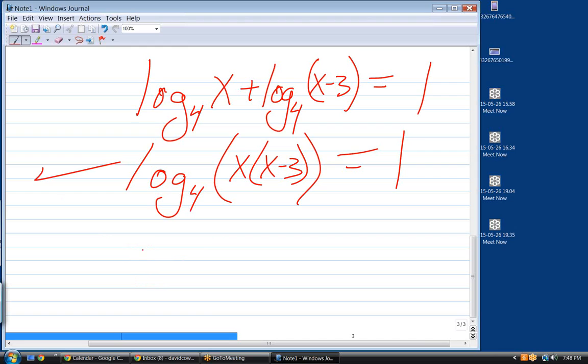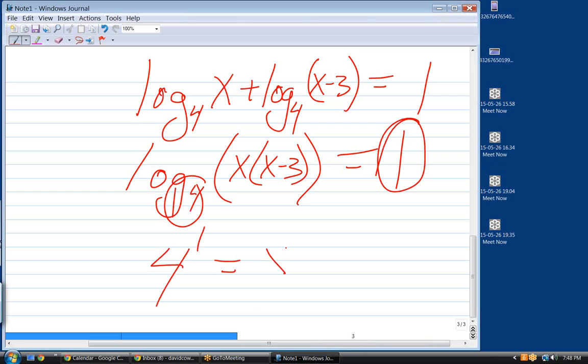Everybody has their own way of memorizing this, but when I'm going from log to exponential, it's the number on the far left raised to the power of the number on the far right equals the argument. So it's 4 to the 1 equals x squared minus 3x, or 4 equals x squared minus 3x.